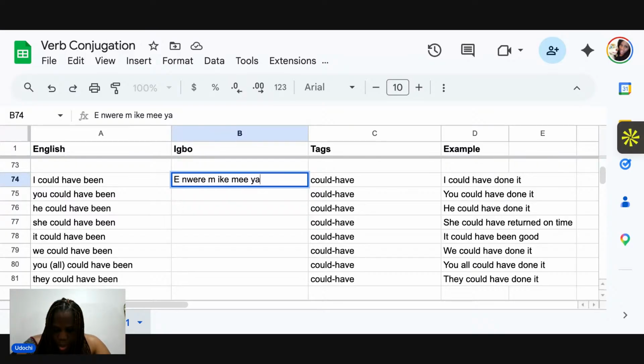Enwere m ike mee ya, or enwere m ike ime ya. I could have done it. Let's see what it says.